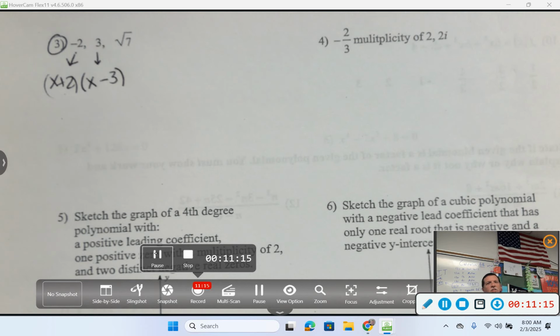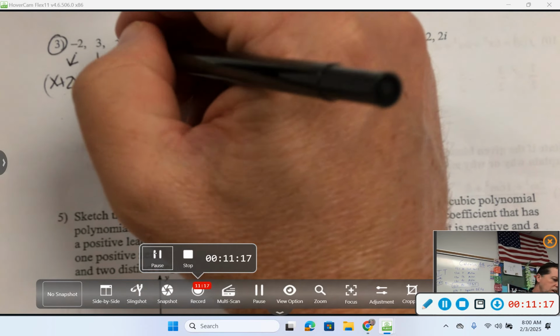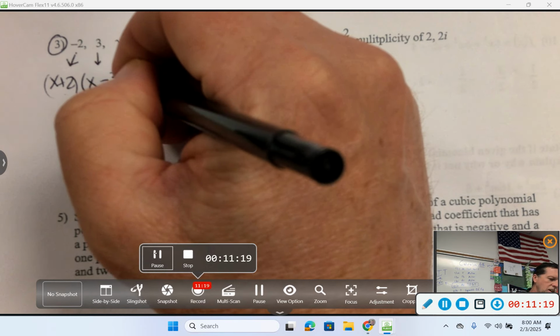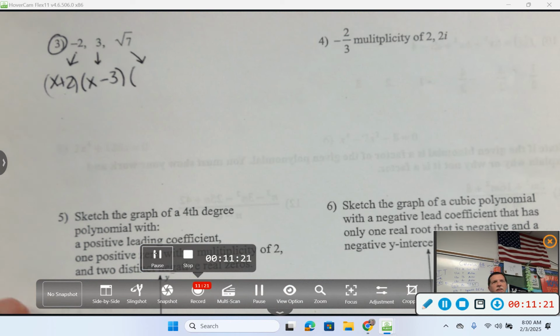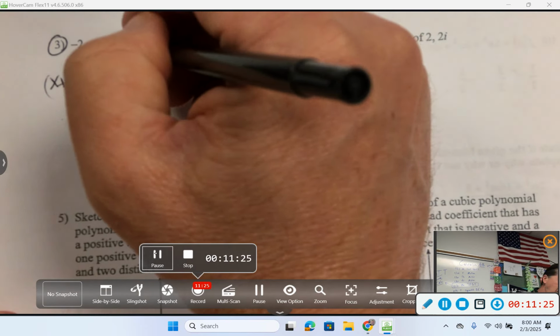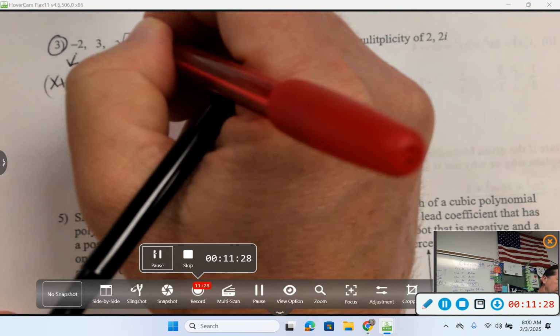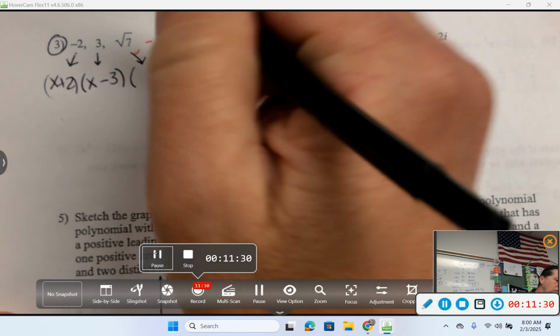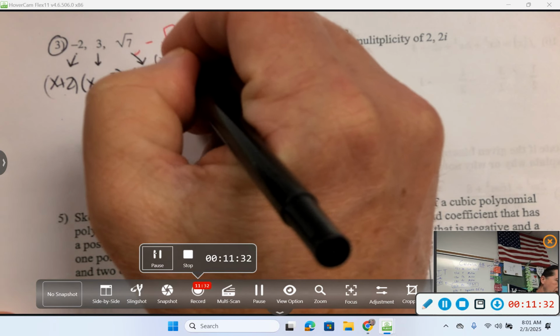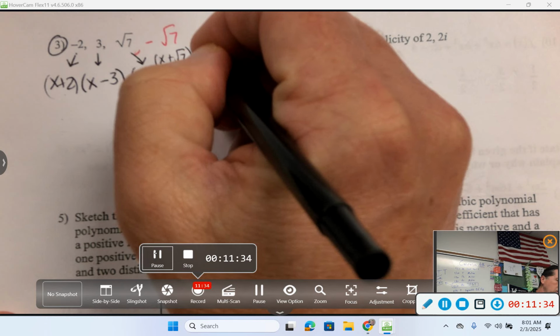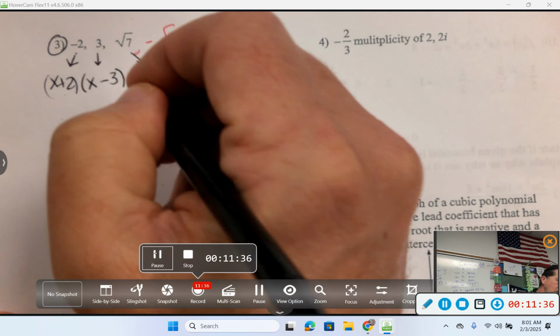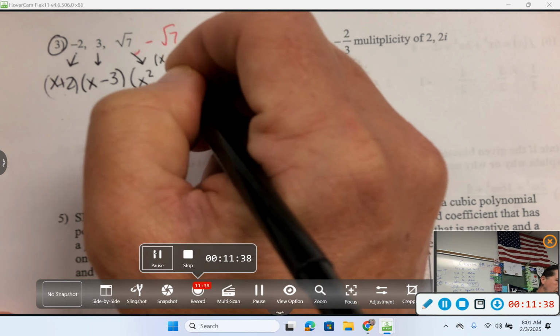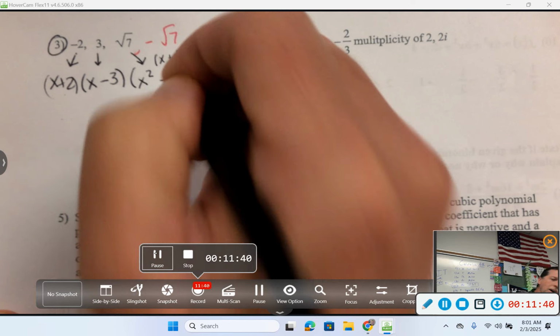And if square root 7 was the root, oh, let's be careful. Yeah, it would be x squared minus 7. You guys are jumping ahead. I was going to go the long way around and say, don't forget negative square root of 7. So x plus root 7 and x minus root 7. And some of you just jump to the fact that that's x squared minus 7.